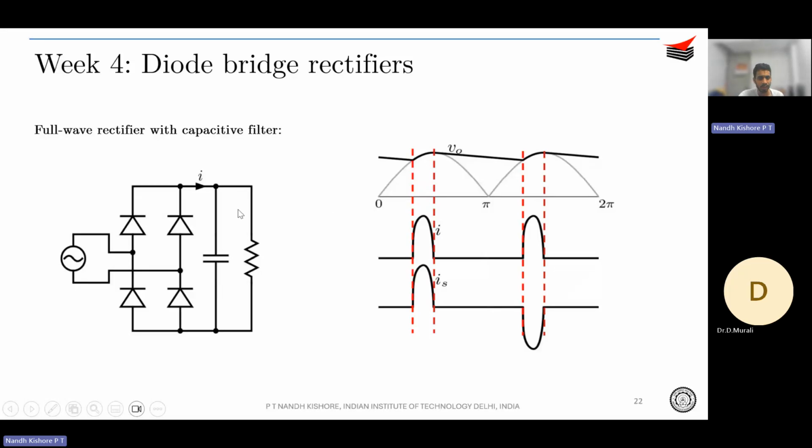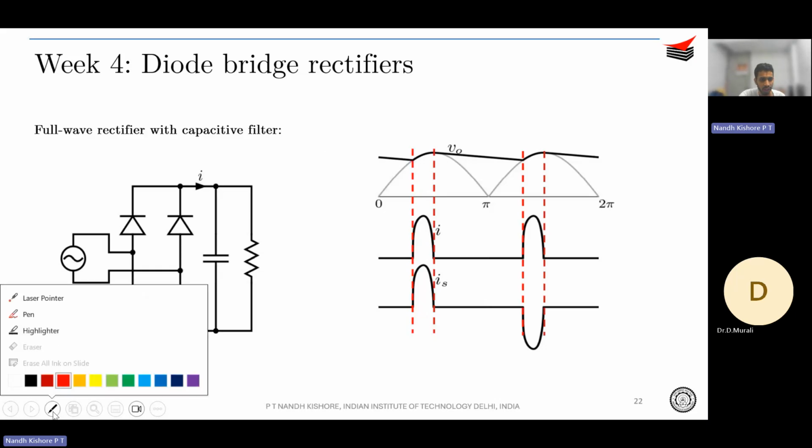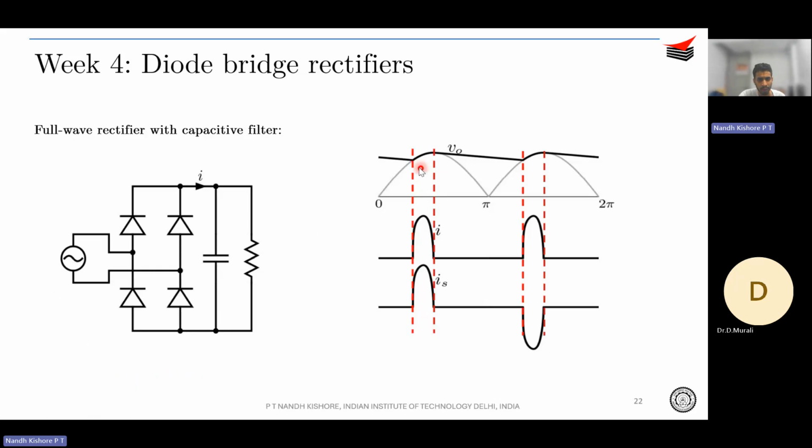Under steady state, if your capacitor is already charged to this potential, then once your input voltage exceeds the capacitor voltage, the capacitor will charge up.